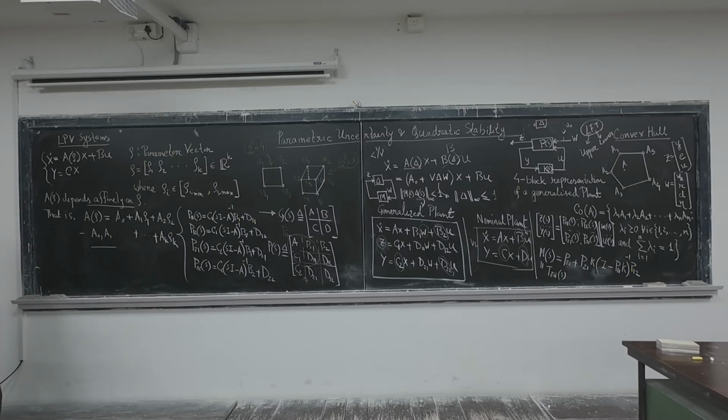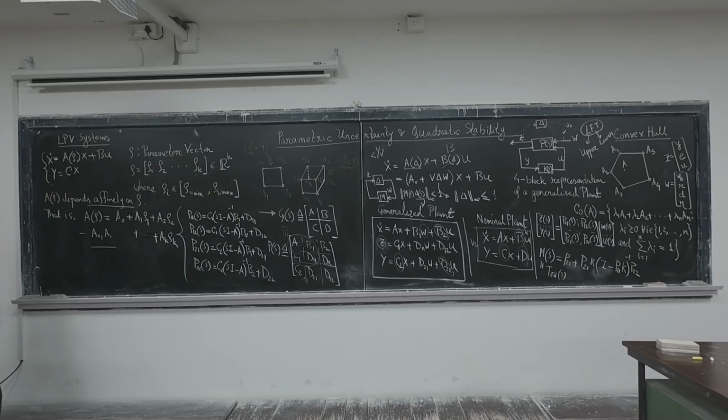That's why they form a separate class of system called the linear parameter varying system, and it has an elegant stability result. Not only a stability result, but a robust stability result. Here, I am going to apply the Lyapunov approach, under which conditions it would remain quadratically stable. We already understood that quadratic stability means there exists a symmetric positive definite P such that PA plus A transpose P is less than 0.